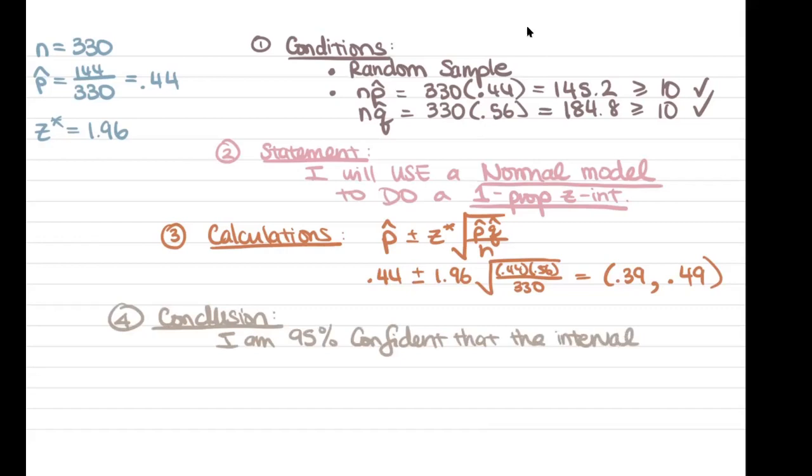Close. Just that last part, I would change a little bit, but the first part, perfect. I am 95% confident that the interval from 0.39 to 0.49 captures the true population proportion of.